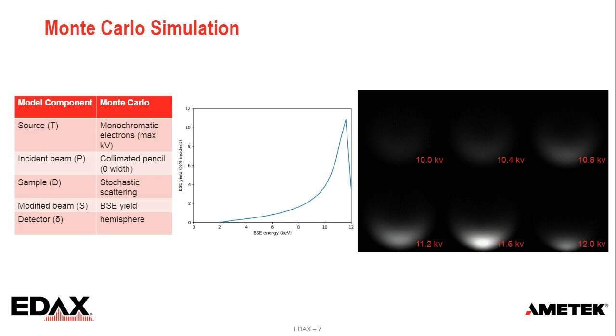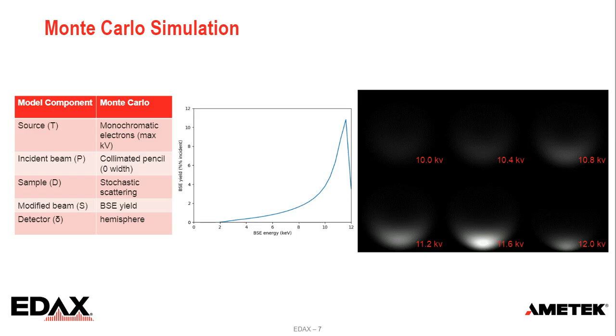And so what you get out that matters most for the simulation is basically, over the full hemisphere of your sample, what is the yield in that direction for each energy bin. So you pick some resolution, in this case 0.4 kV, and count how many electrons fall in each of those bins in each direction. And that's what this is showing.